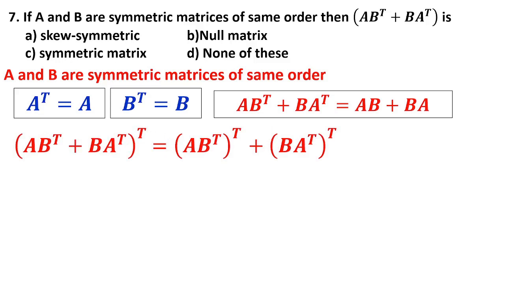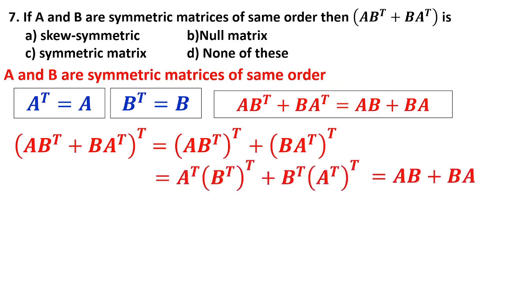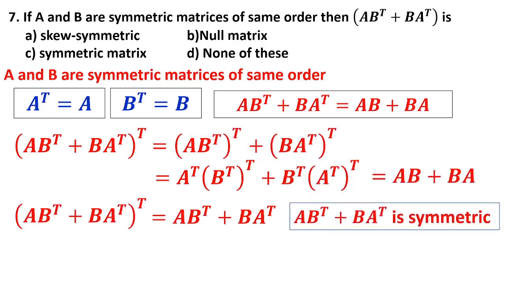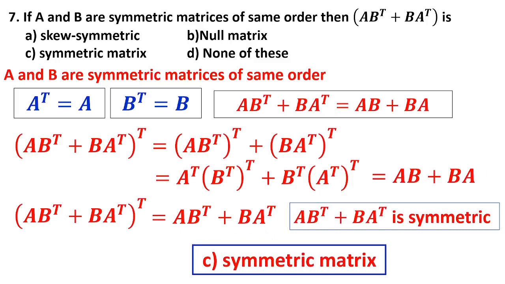AB transpose the transpose plus BA transpose the transpose. Expanding it, B transpose power transpose is B and A transpose power transpose is A. AB plus BA. And therefore, this is a symmetric matrix.